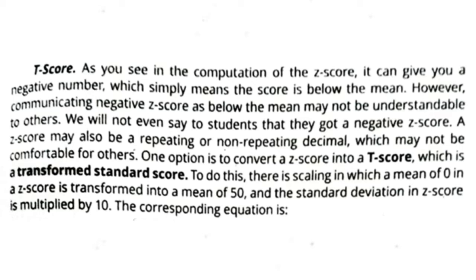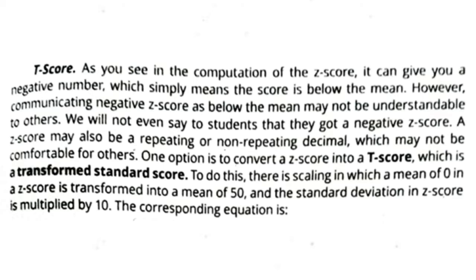One option is to convert a z-score into a t-score, which is a transformed standard score. To do this, there is scaling in which a mean of 0 in a z-score is transformed into a mean of 50 and the standard deviation in z-score is multiplied by 10.